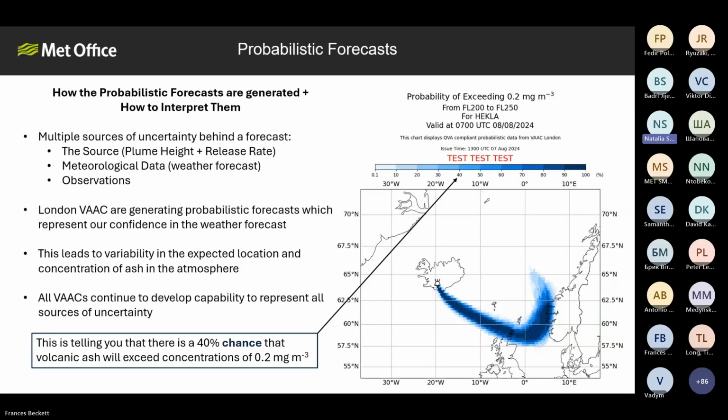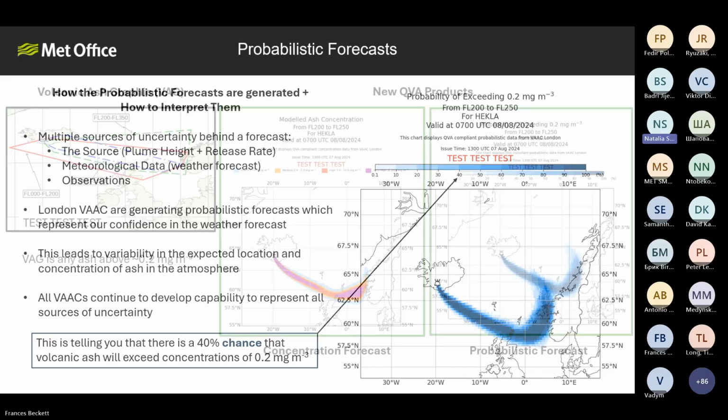A probability of 50% means that half of your weather scenarios are predicting that ash is going to be at that location at concentrations exceeding 0.2 milligrams per meter cubed. We're generating probabilistic forecasts for each of the concentration thresholds, and we're going to return to that in a moment.